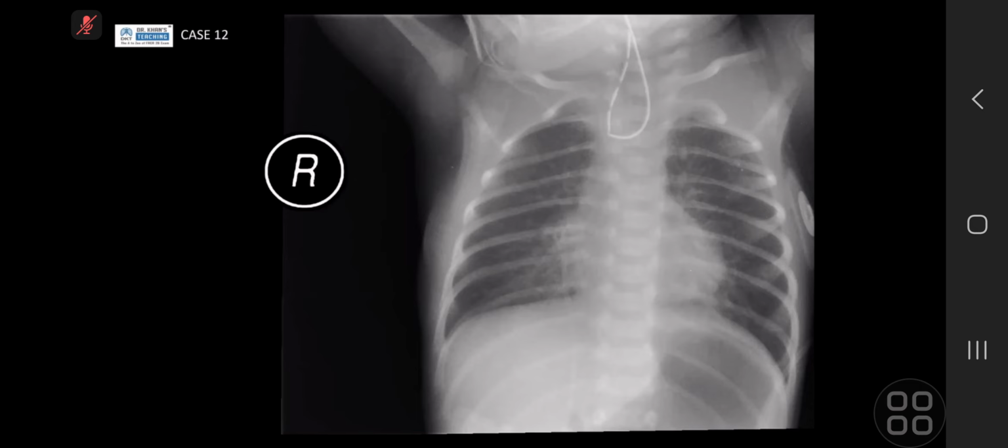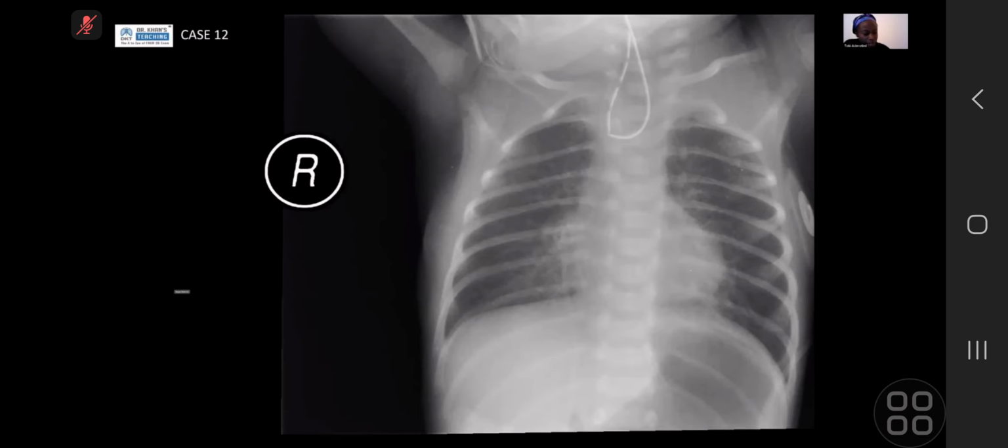I also see a right intravenous line going through the cava to the right atrium. This is a tubular structure on the right side of the spine. So I am dealing with a case of esophageal atresia.